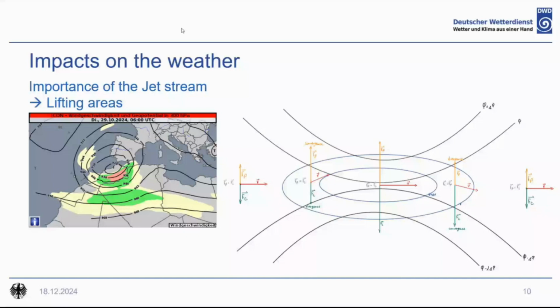its lifting areas. On the right chart, you can see a jet streak and how the different forces, the Coriolis force in green and the pressure force in yellow, change by passing through an area of increased wind speed. The temporary imbalance of the forces in the entrance and the exit region induces areas where air masses are lifted and areas where air is forced to descend according to the continuity equation.